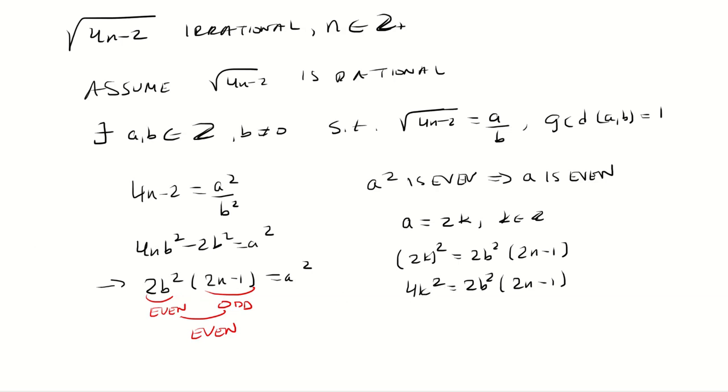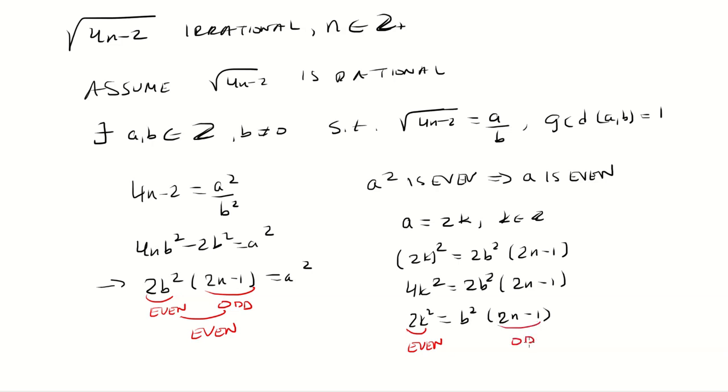Now from here, I can divide by 2, and get 2k squared equals b squared times (2n minus 1). We know that this is obviously even because we're multiplying by 2.